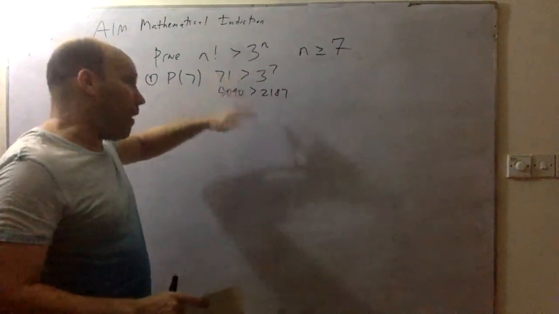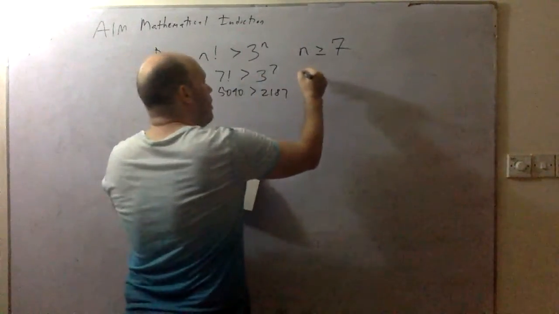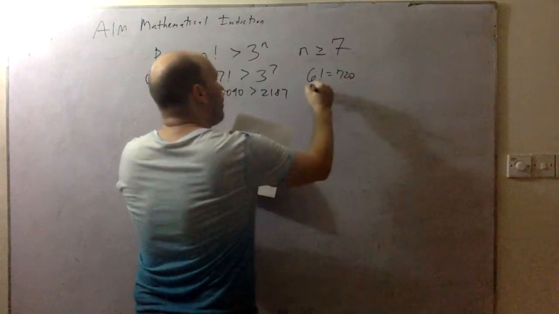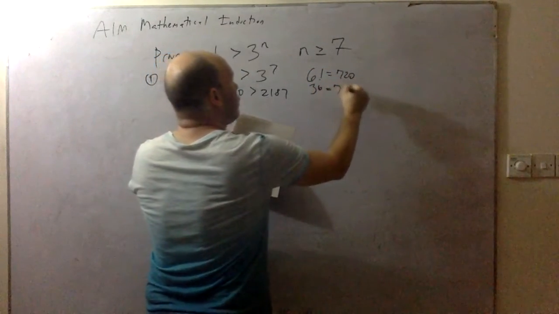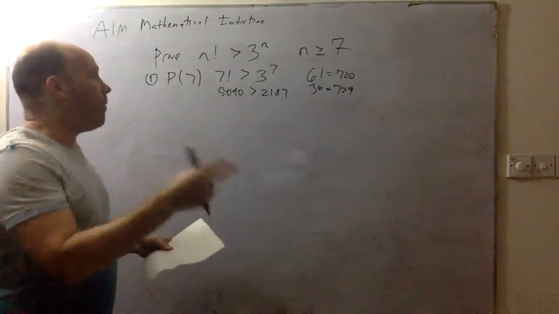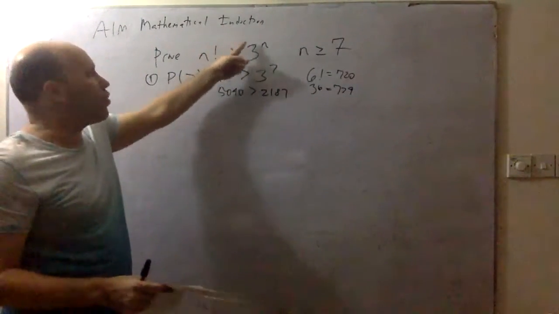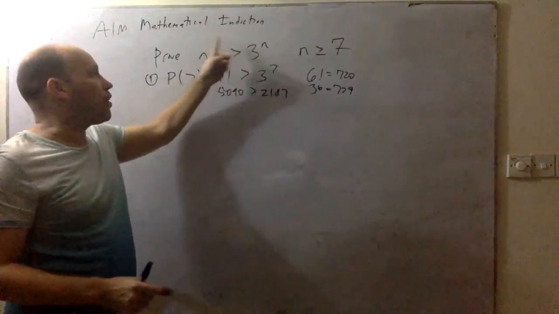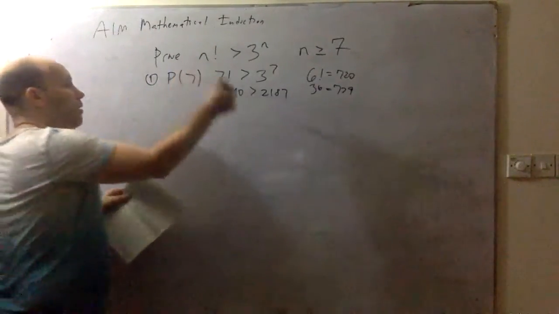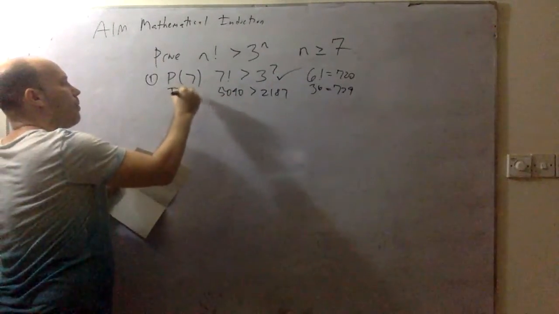Just to test it out, 6 factorial equals 720, and 3 to the 6 is equal to 729. So that's why it doesn't work. But after 7, it kind of takes off. If you think about this, it's like comparing functions, exponentials versus factorial functions. So we showed that this is true.